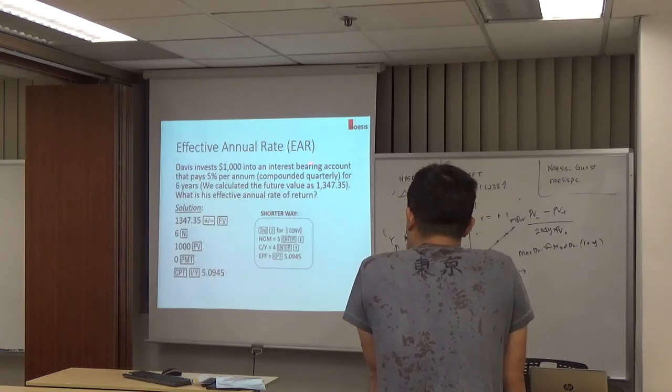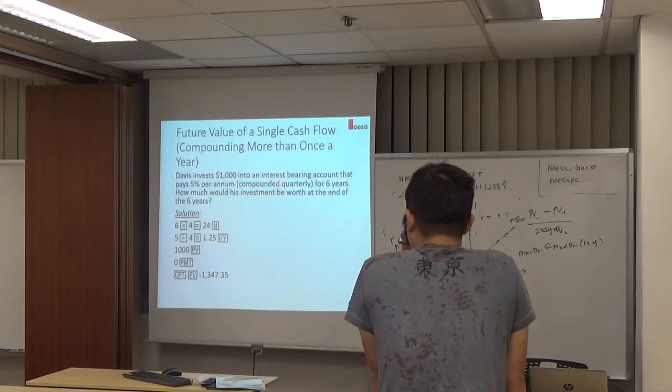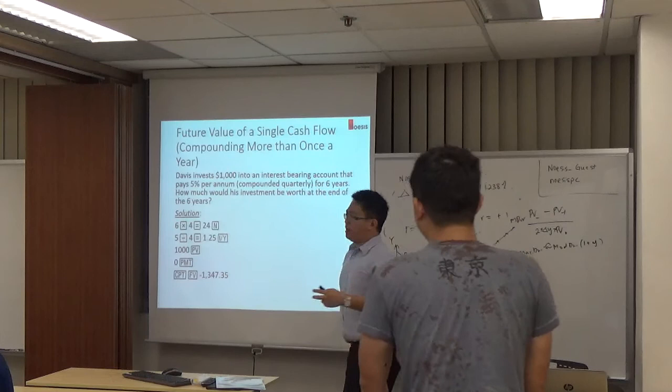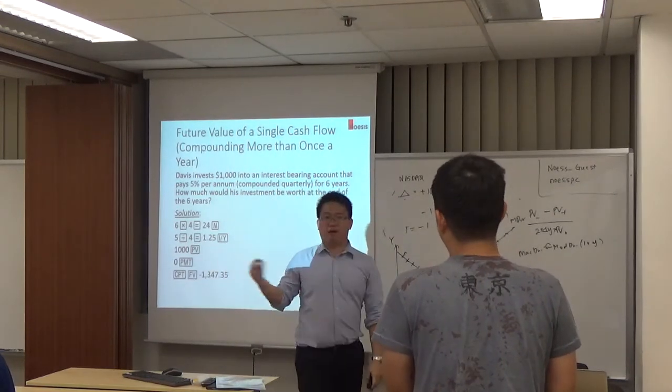But this is continuous compounding. Instead of multiplying by 4 and dividing by 4, I'll just multiply by say 5,000. It works. But it has to be a large number. If you take even 1,000, there will still be some rounding error, but it's quite near.